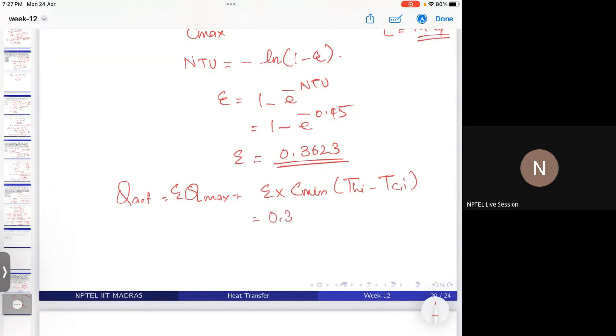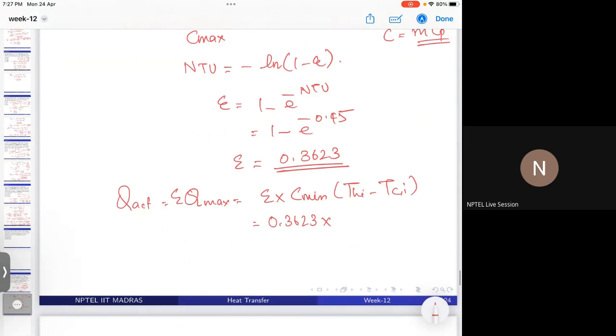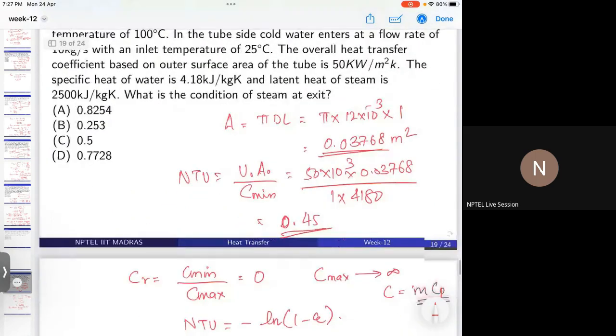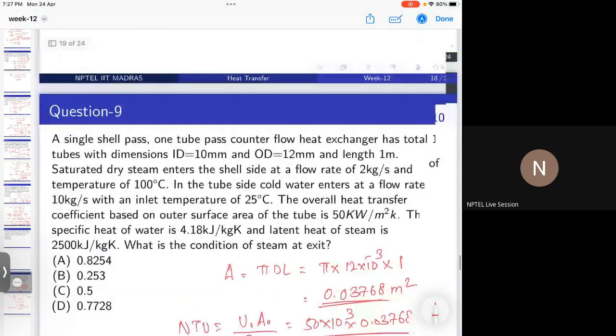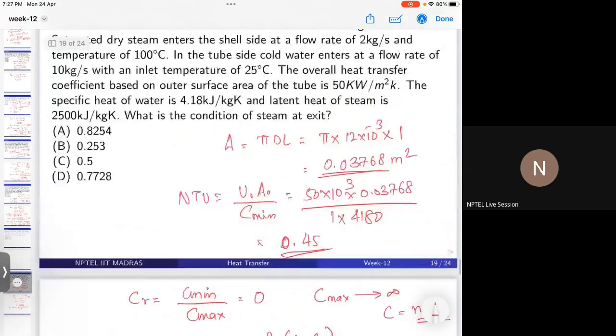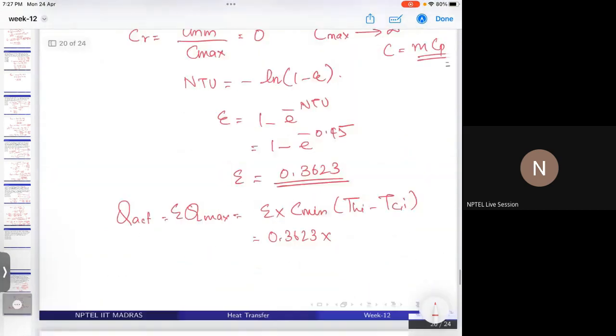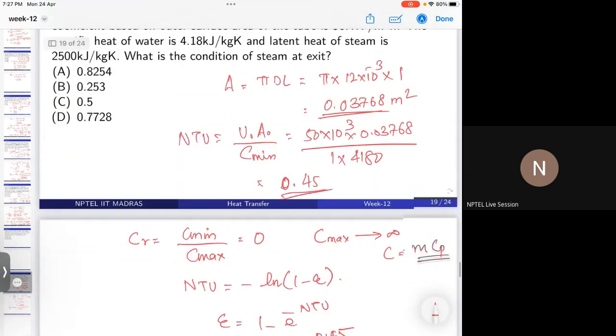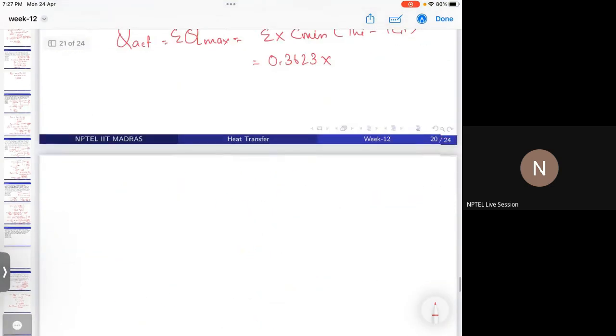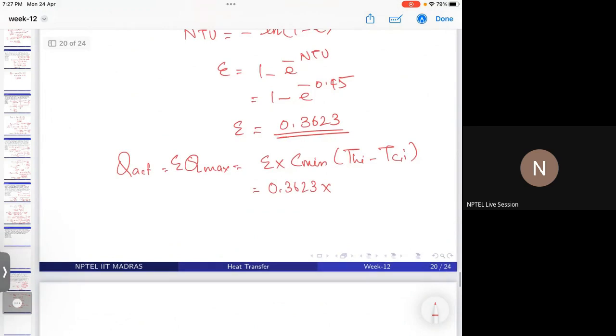That is 0.3623 into C min, which we found out to be 1480. This is for the total heat, the total heat transfer rate, not for a single tube.